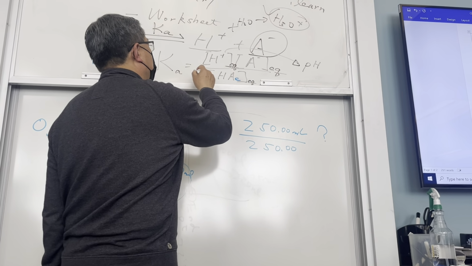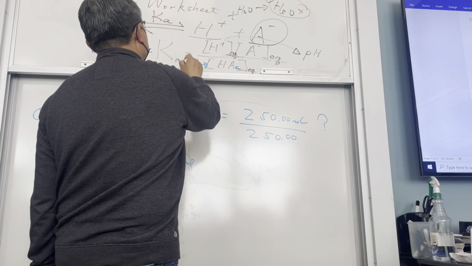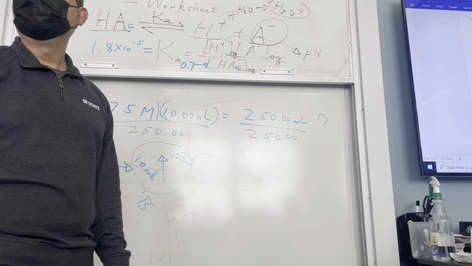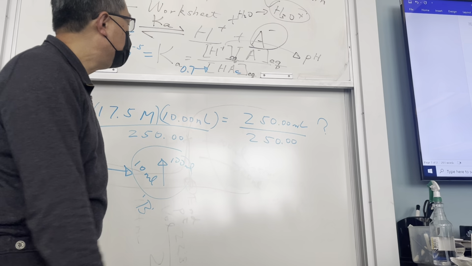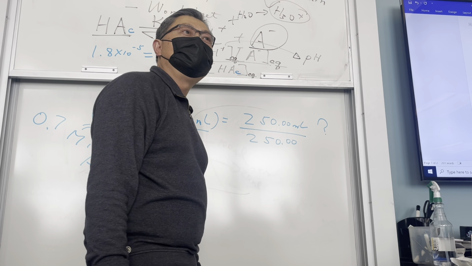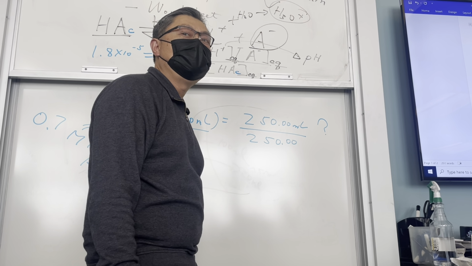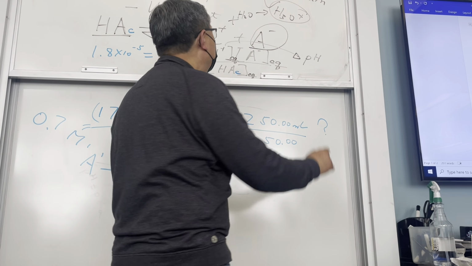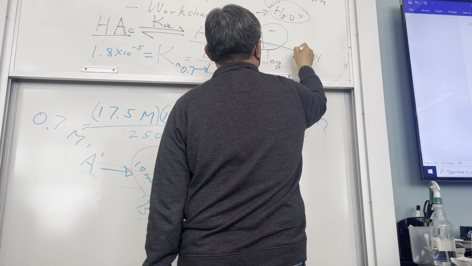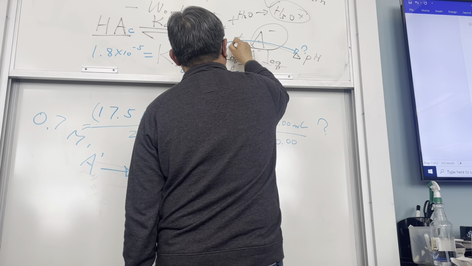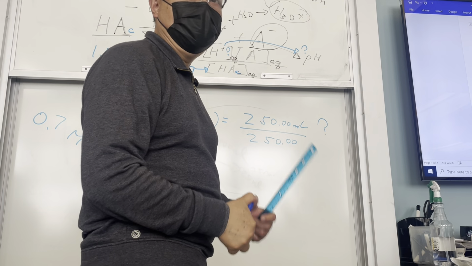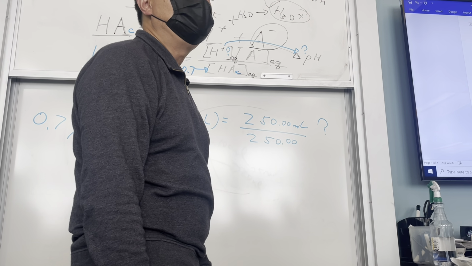So this one is equal to what? 0.7. I just dropped the sig figs for now for quick writing. Okay, do we know the proton? Do we know this? Yes or no? No. That's the pH we are looking for. So this one we don't know. What about this conjugate base? Do we know the conjugate base yet?